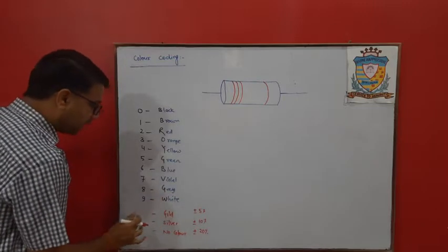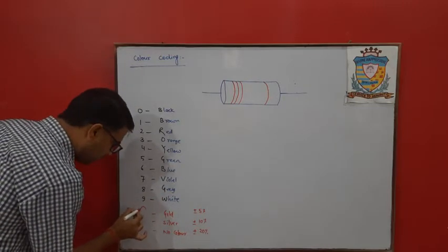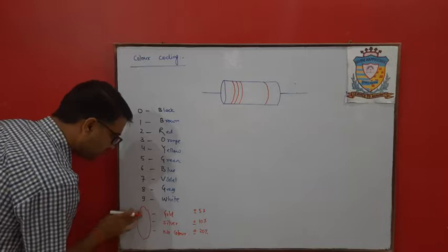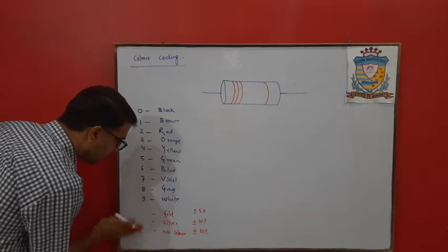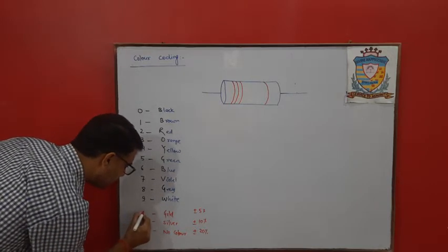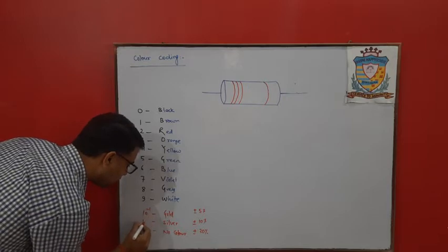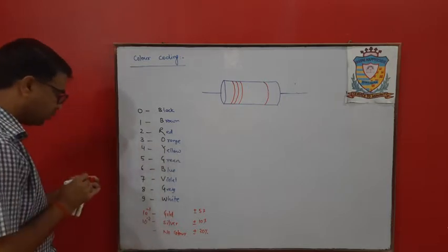So if gold or silver appears at the third place, it should be 10 to the power minus 1 and 10 to the power minus 2.